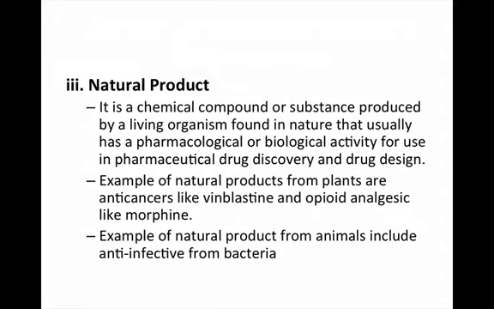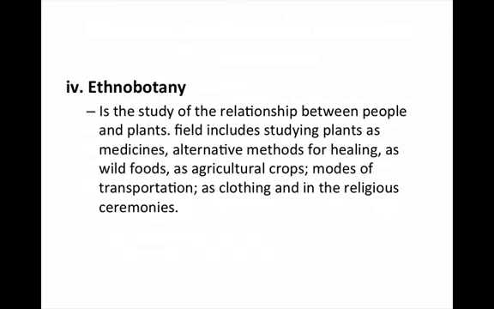Examples of natural products from plants include anti-cancers like vinblastine, also an opioid analgesic like morphine. Also from animals, natural products include anti-infectives which are obtained from bacteria. Also terminology number 4 ni ethnobotany.